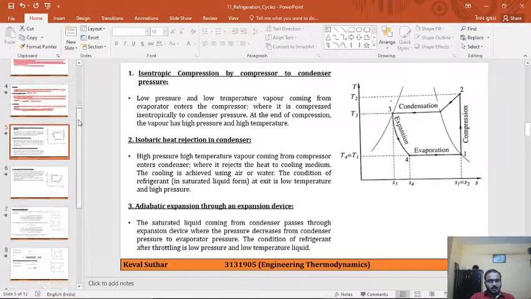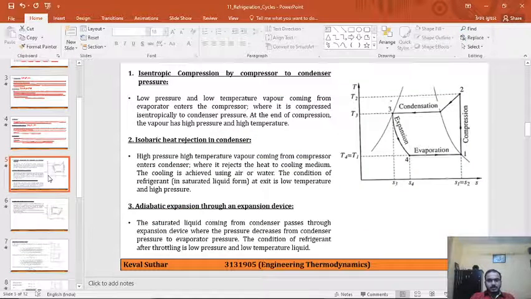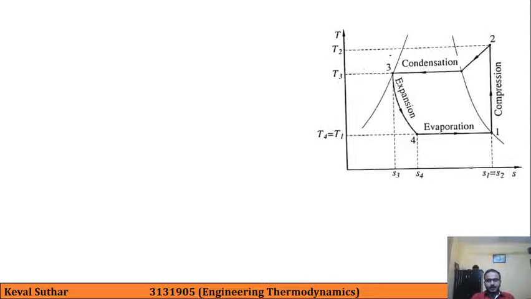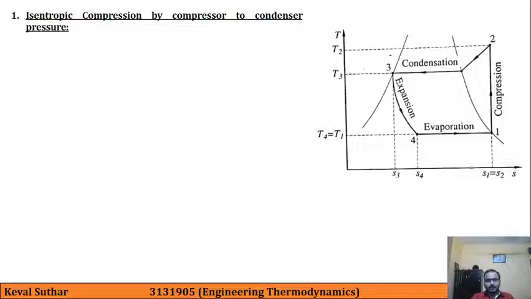So now we will discuss about the TS diagram for this refrigeration cycle. So this will be our TS diagram. First process is isentropic compression by compressor to condenser pressure. So if you recall, I was telling you that the first component we will take as compression.